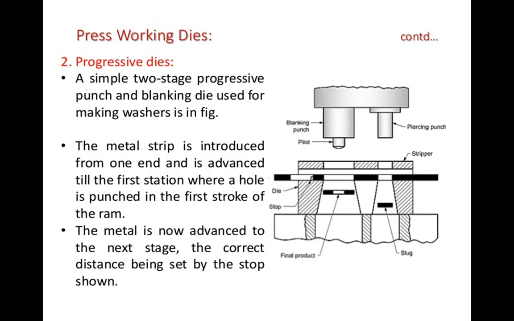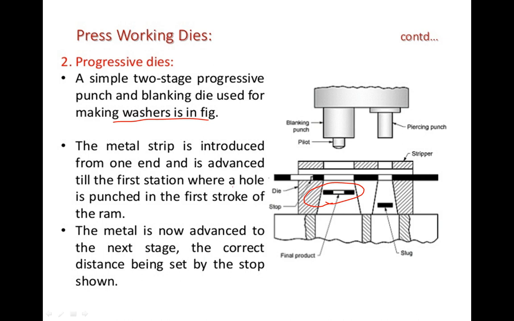Progressive die: a simple two-stage progressive punch and blanking die used for making washers in this figure. So this is the washer. You are manufacturing washers by using progressive dies. Metal strip is introduced from one end and is advanced till the first station where a hole is punched in the first stroke of the ram. The metal is now advanced to the next stage, the correct distance being set by the stop shown.